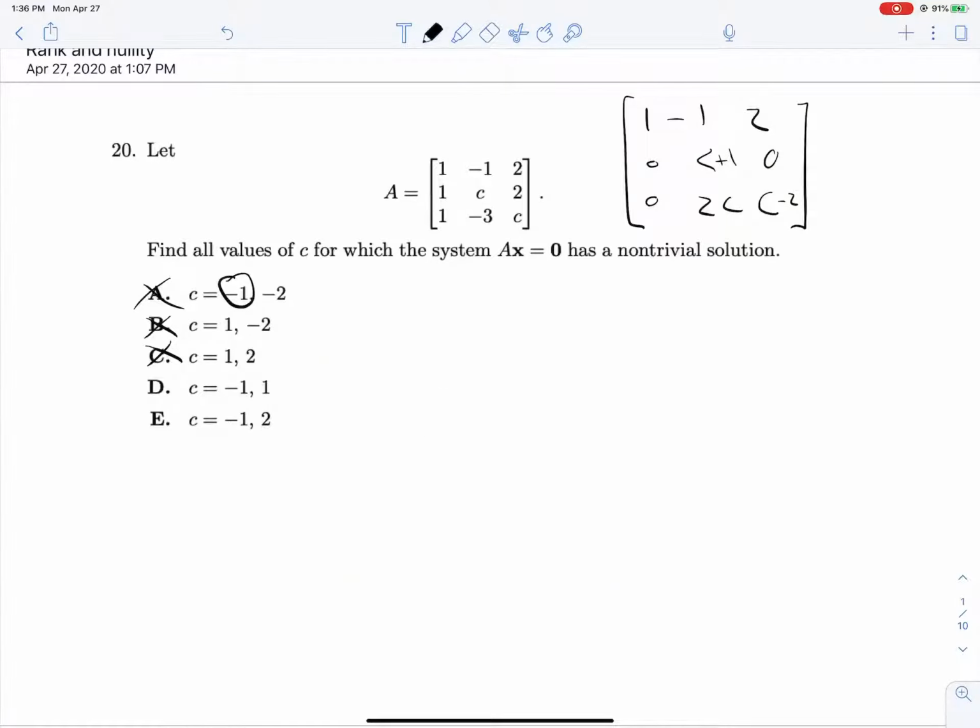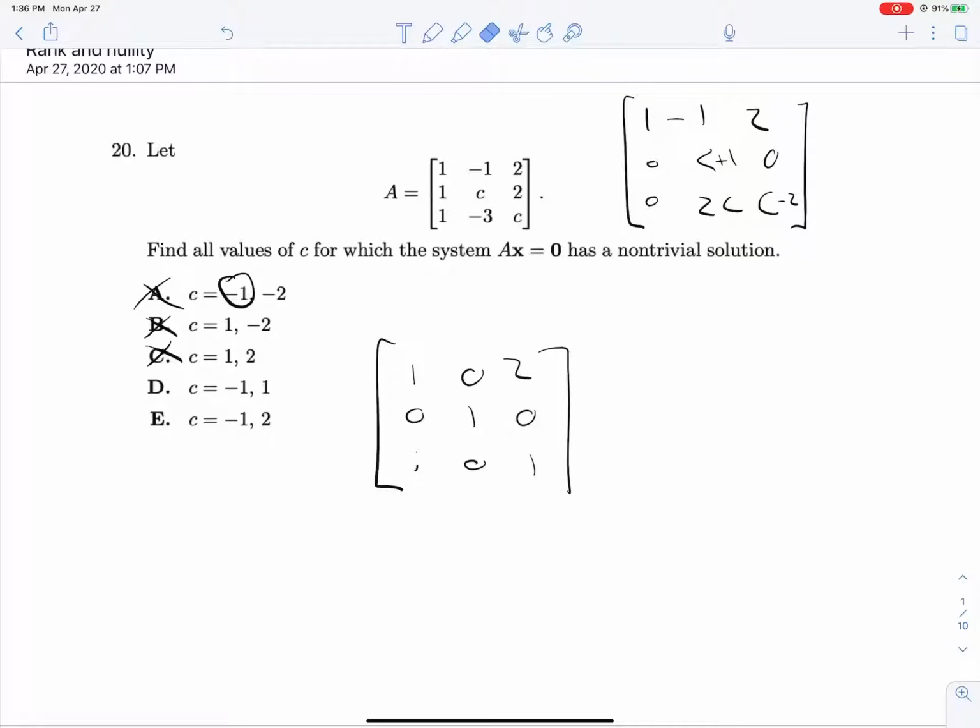What about plugging in +1? 1, -1, 2, 1, 1, 2, 1, -3, 1. So yeah, we're plugging in there. What about this? Let's subtract row 1 from row 2. We get 0, 2, 0, we can turn this into a 1 and use it to set this term and this term to 0.